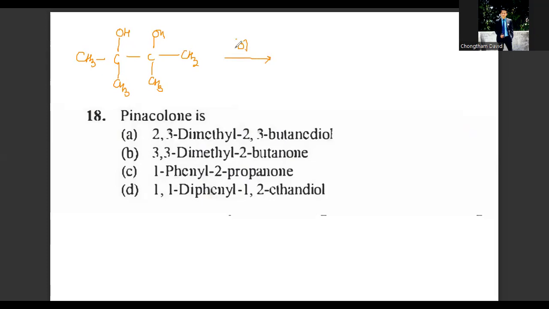When this is oxidized and made to undergo a rearrangement reaction, this is pinacol. After oxidation followed by rearrangement, it now gives pinacolone. Can you tell the IUPAC name of pinacolone? It will be 3,3-dimethylbutan-2-one, or butanone. Answer is B. Very easy.